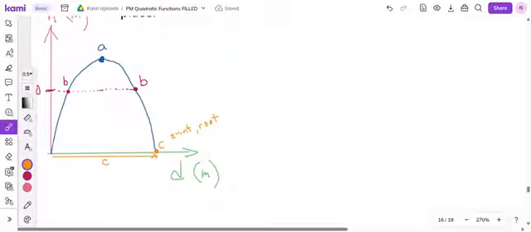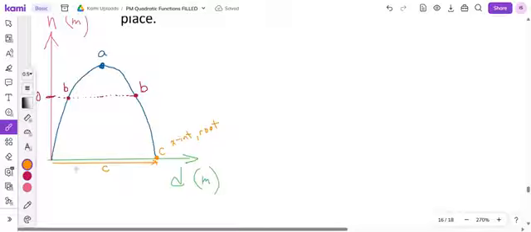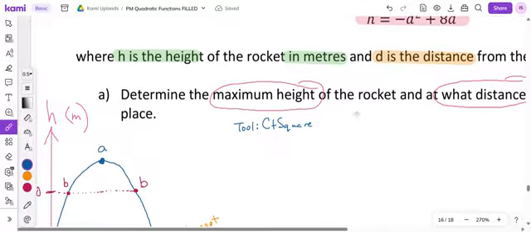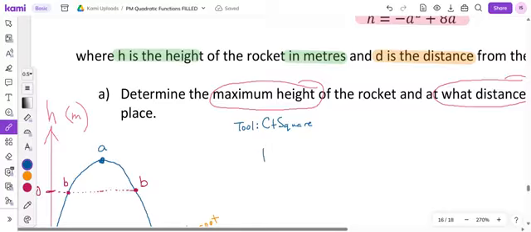This is helpful. So let's get to part A. In part A, I need to find the vertex. How do I find the vertex? What's my tool? What is it, folks? Completing the square. Complete the square. Okay, you don't have to write this tool situation, but I find it helpful.